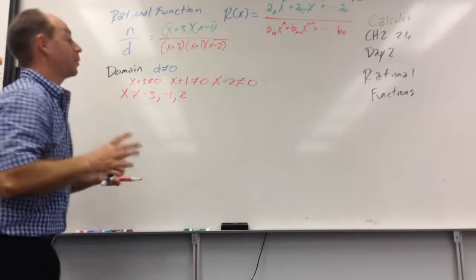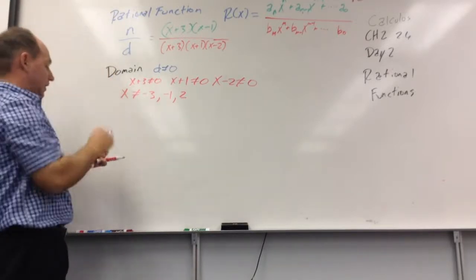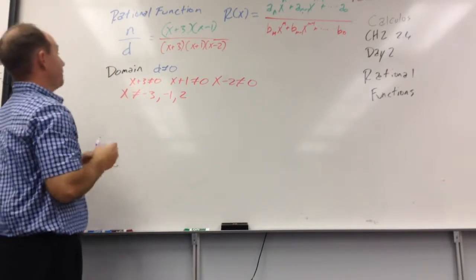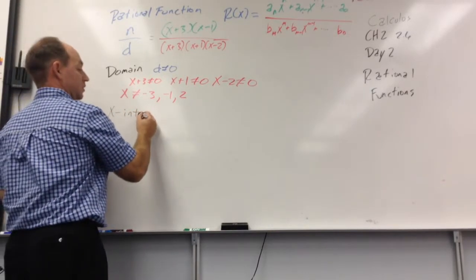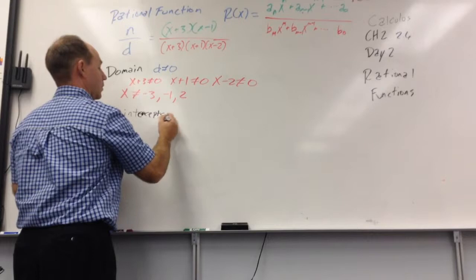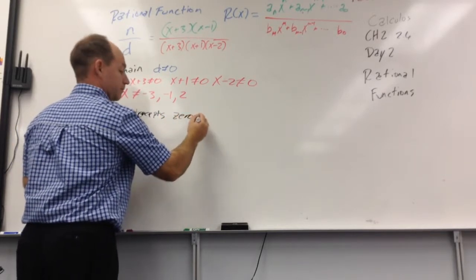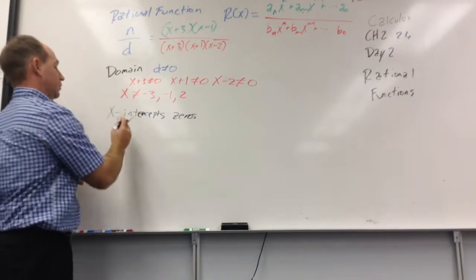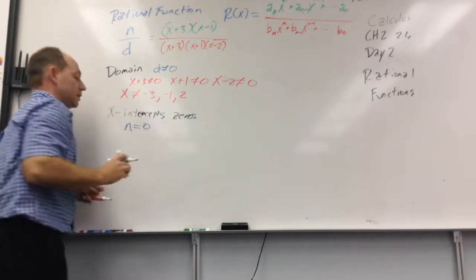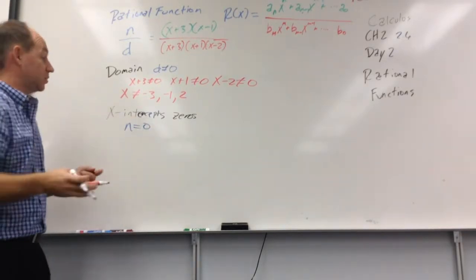Now the other part is x-intercepts. Okay. So my x-intercepts, and sometimes these are called zeros, are when the numerator equals 0. So we checked when the denominator is 0, now we check when the numerator is equal to 0.